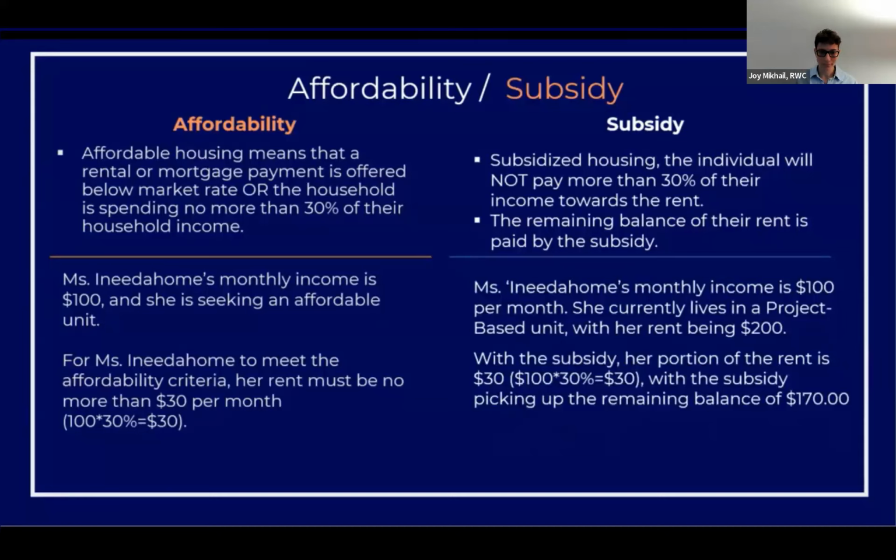Well, it's possible because with her unit having a subsidy tied to it, she still only pays $30 a month, which is 30% of her income, and the subsidy picks up the remaining balance, which is $170. So as you can see, without subsidies, sometimes affordability can be out of reach for low-income families.